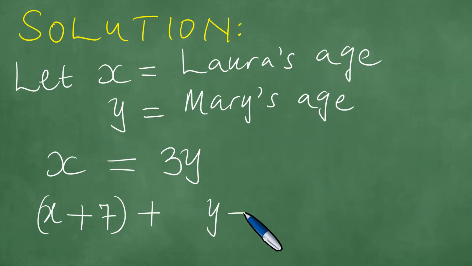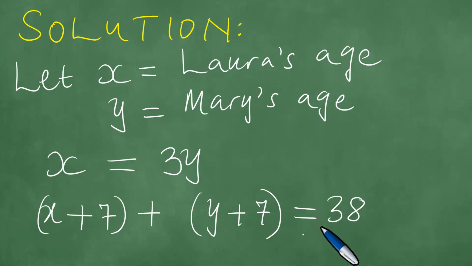Right, Mary's age, we add 7. But we understand that in view of their real ages, their ages will basically total 38 years. So it's the summation. That is going to be equal to 38 years.